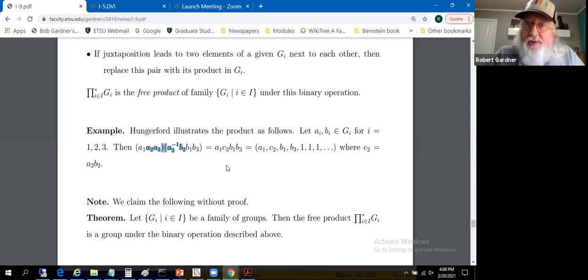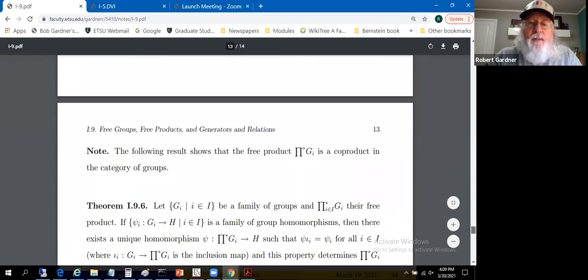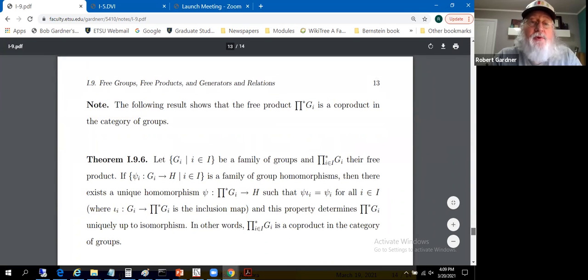Perform the multiplication in group G2, whatever the product turns out to be, represented with a single element. And that produces this. This is a reduced word. We don't have consecutively two letters with the same index. So these come from different groups consecutively. There's no ones anywhere inside. Of course, that's shorthand notation for the series that's got ones as a tail. So there's a definition of a free product of groups.